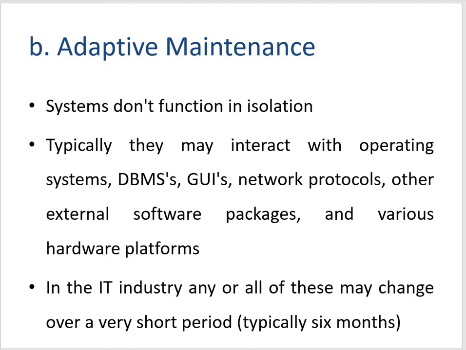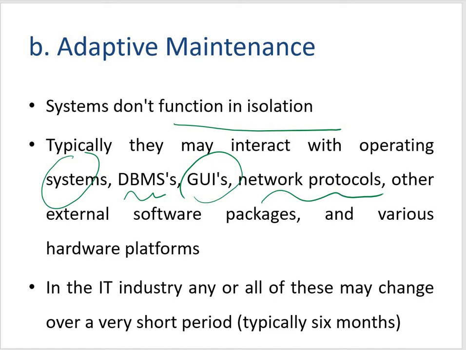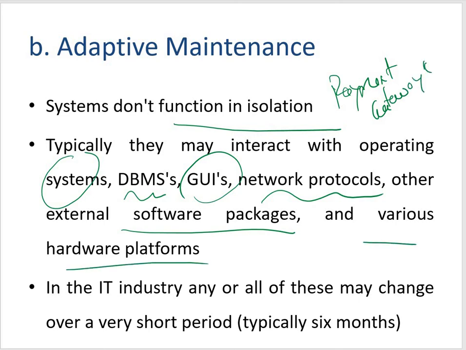Systems basically don't function in isolation. And typically they may interact with your operating system, your DBMS, your graphical user interfaces, network protocols, and other external software packages. It can be your payment gateways, and along with that, we can also have various hardware platforms.